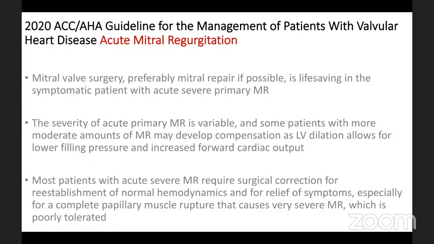Most patients with acute MR require surgical correction for re-establishment of normal hemodynamics and relief of symptoms, especially for complete papillary muscle rupture that causes very severe MR, which is poorly tolerated by the patient.